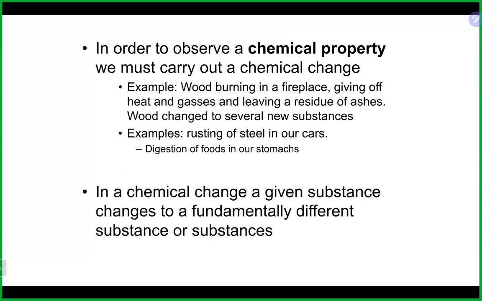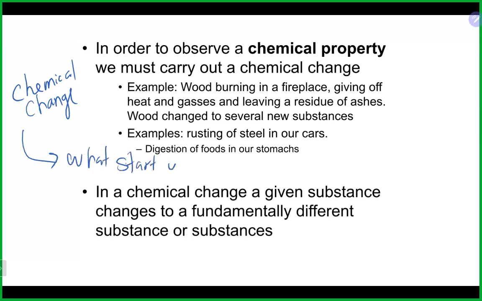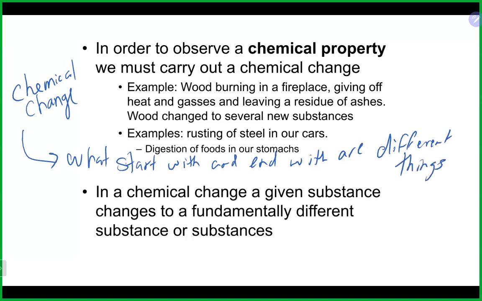Now, that is different than a chemical property, which is usually associated with a chemical change. And a chemical change is basically what you start with and what you end with are fundamentally different things.